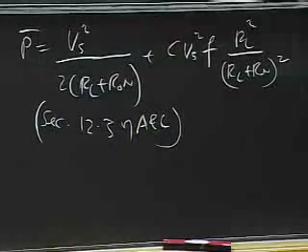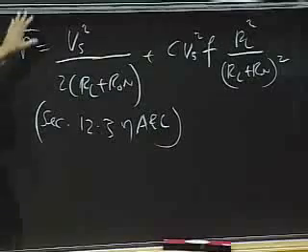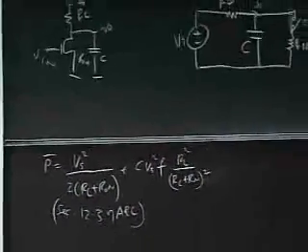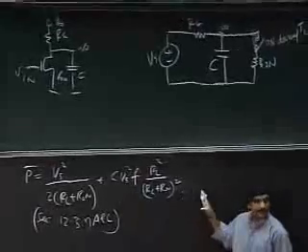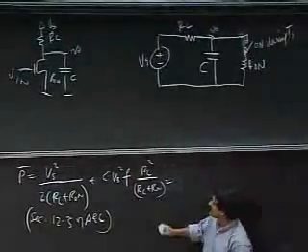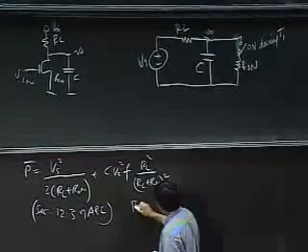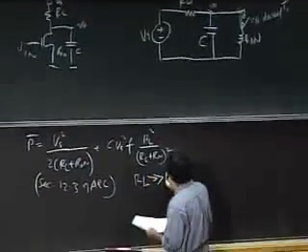Section 12.3 goes through the algebra to compute the total power dissipated by this specific circuit, and here's the expression we get. Let's take the specific situation where RL is much greater than R-on.